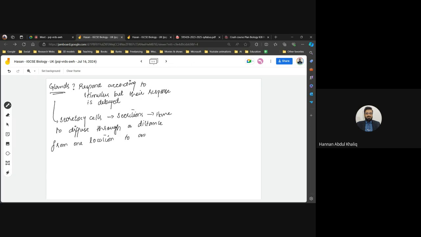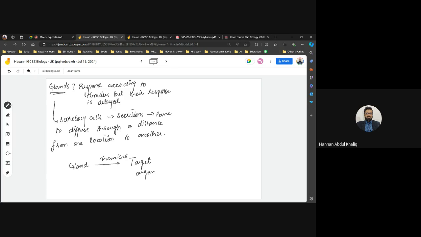Like let's make a simple point here. Let's say there is a gland. A gland releases a chemical, and that chemical reaches a target organ. What is the target organ? A target organ is the organ to which a chemical is supposed to reach.